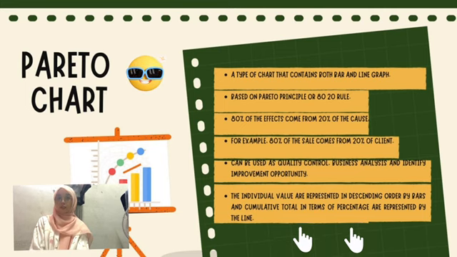It can be used as quality control and business analysis, also identifying improvement opportunities. The individual values are represented in descending orders by bars, and cumulative total in terms of percentage is represented by the line.